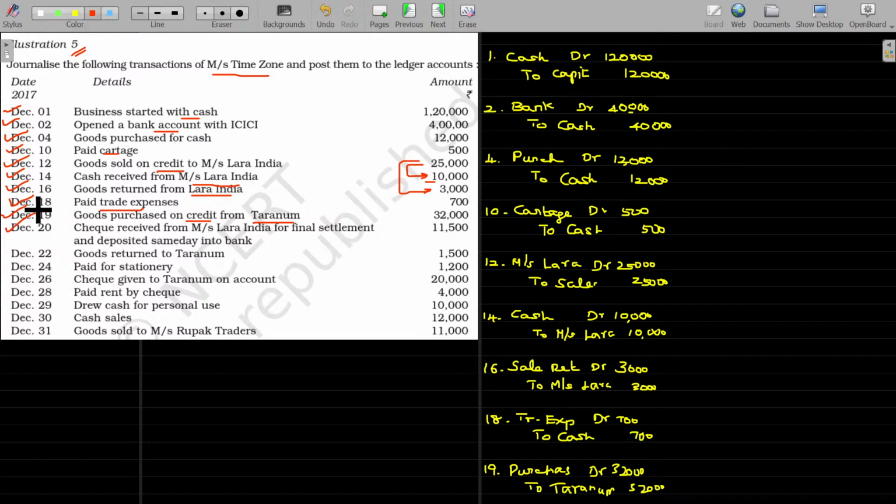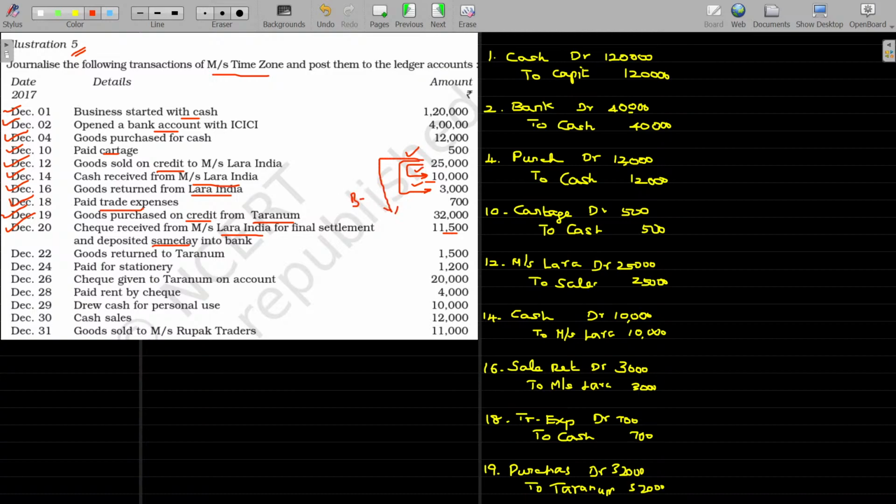On 20th December, check received from Mrs. Lara India for final settlement 11,500 and deposited on the same date into the bank. Here Lara India, to whom we sold for 25,000, 10,000 was already collected, 3,000 worth goods unfit for usage is returned.